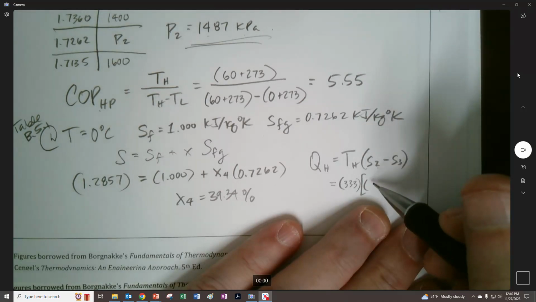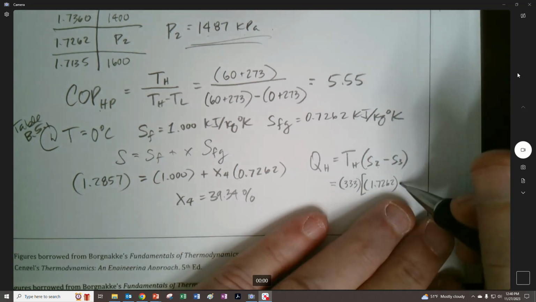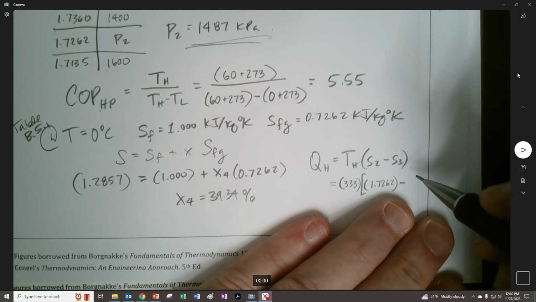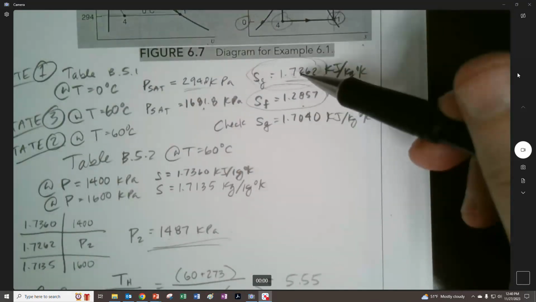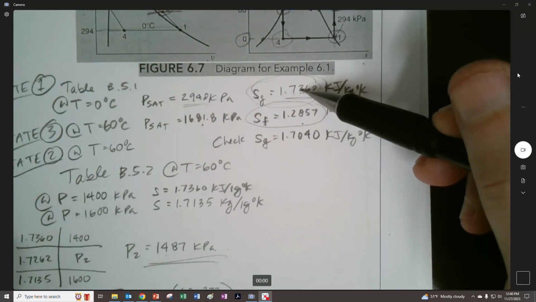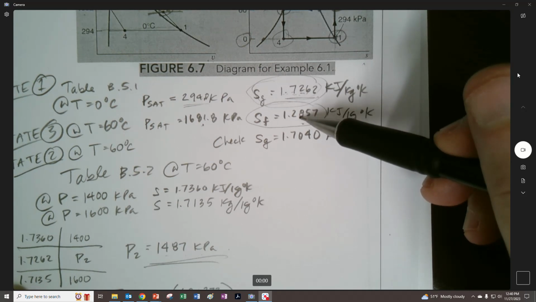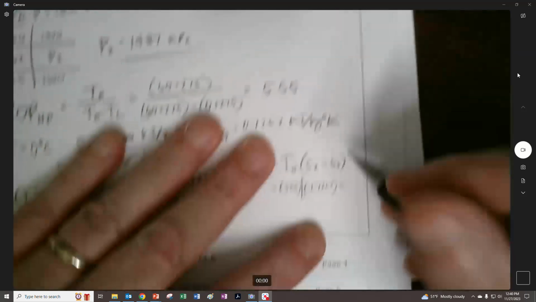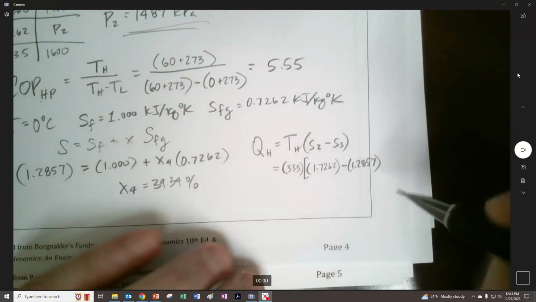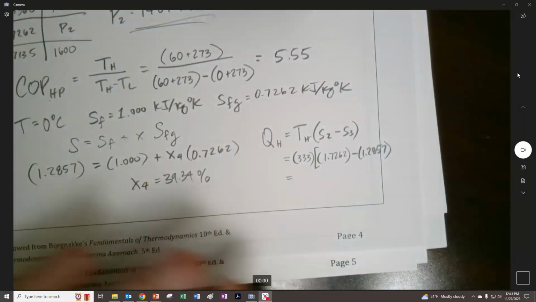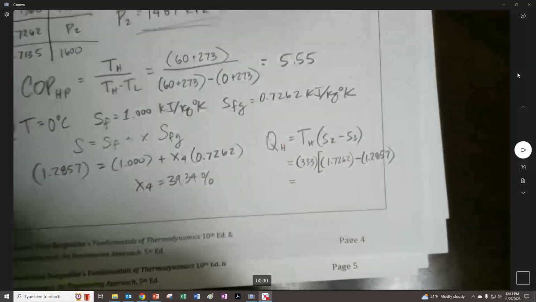So 2 we established was 1.7262, and we subtract out 3, which is 1.2857.